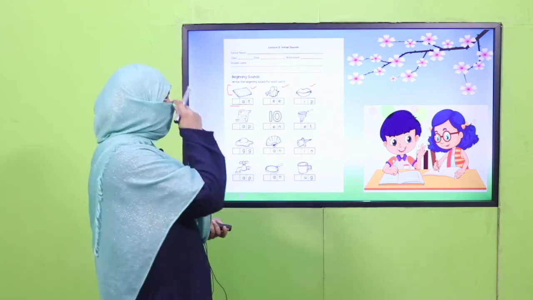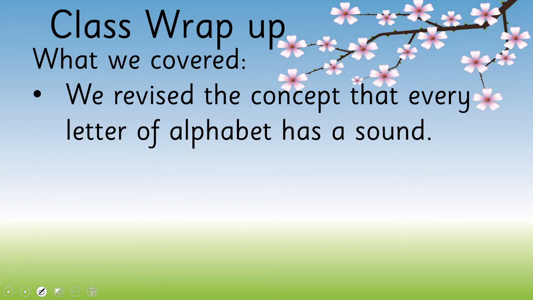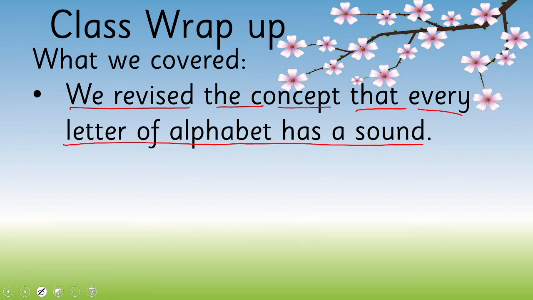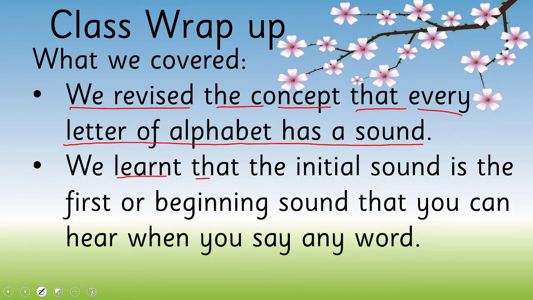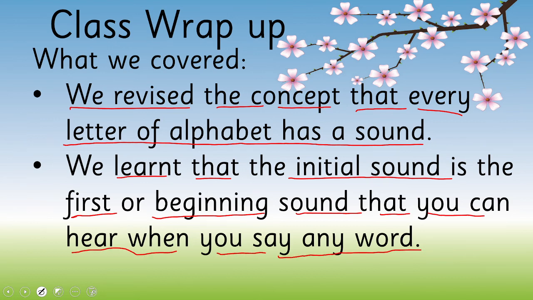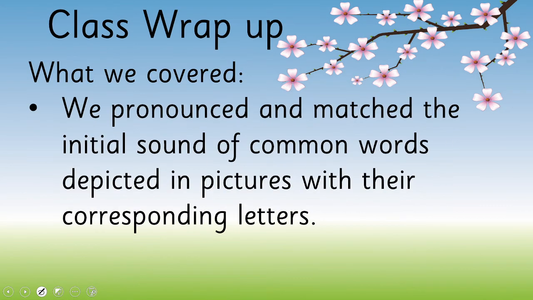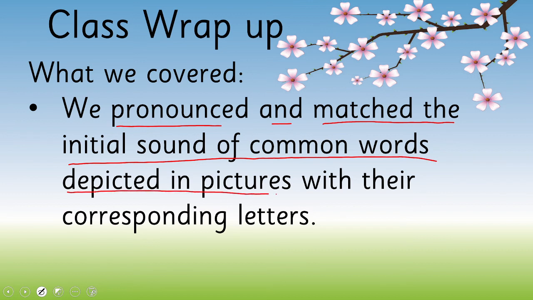In this way, what we have learned today: we revised the concept that every letter of the alphabet has a sound. And we learned that the initial sound is the first or beginning sound that you can hear when you say any word. And we further pronounced and matched the initial sound of common words depicted in the pictures with their corresponding letters.